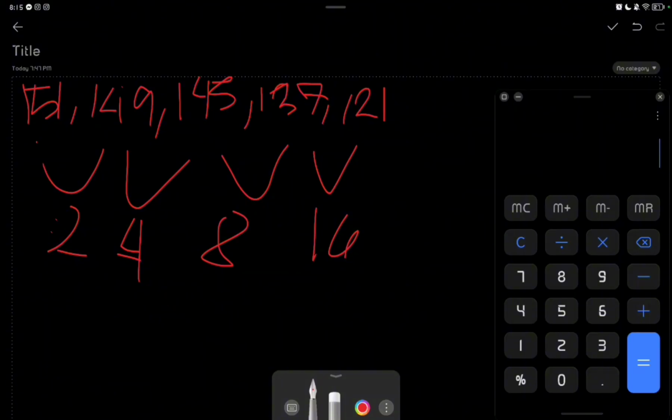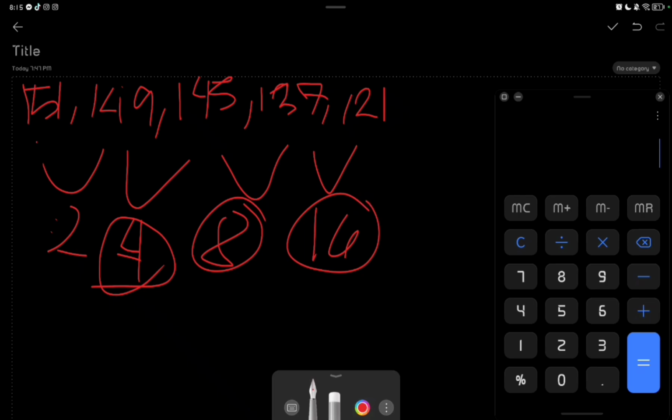So as you can see at the bottom, they subtract the multiplied by 2, like this one. 2 times 2 is 4, then 4 times 2 is 8, and then 8 times 2 is 16.